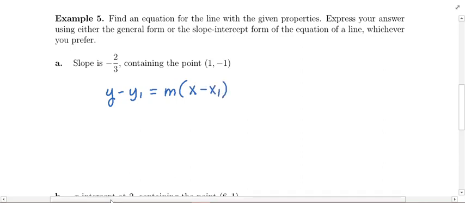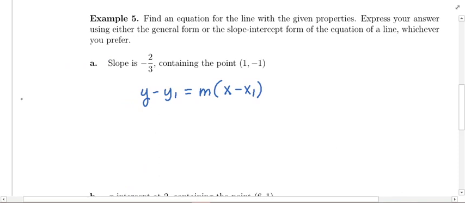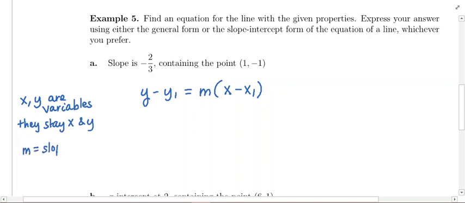The way this works: x and y are variables. They are going to stay x and y. Do not plug in for those. What you are going to plug in for is m. M is the slope of the line.